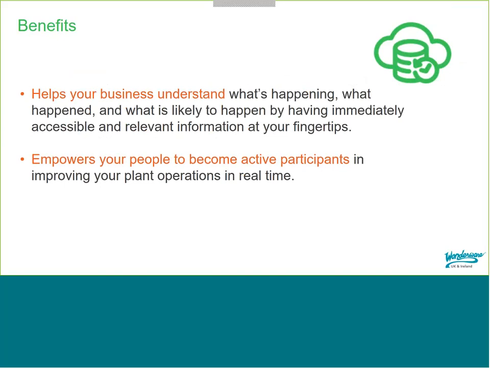So it's helping your business understand what's happening, what has happened, and what's likely to happen in the future. It's providing accurate and relevant data, making it accessible to you, and you can access it securely, anytime, anywhere, from a web client.